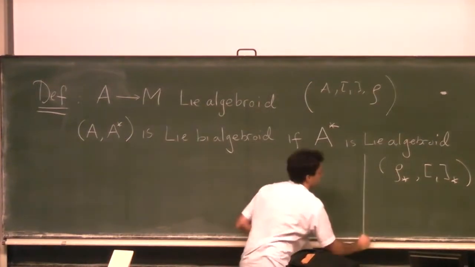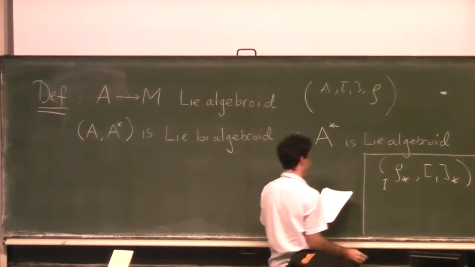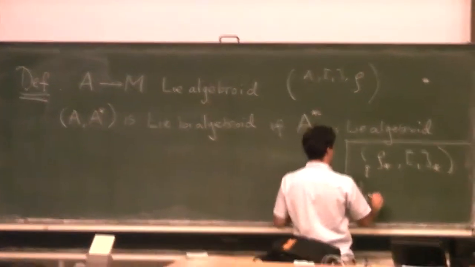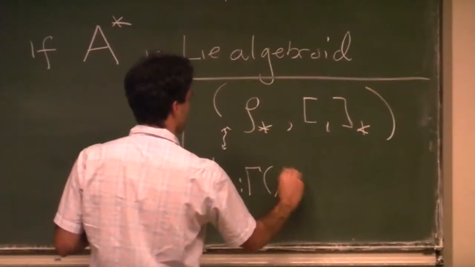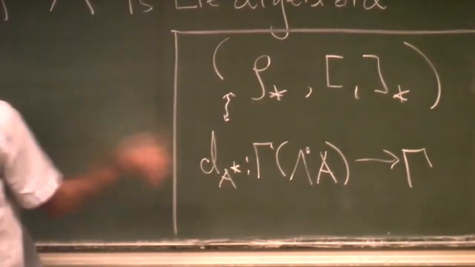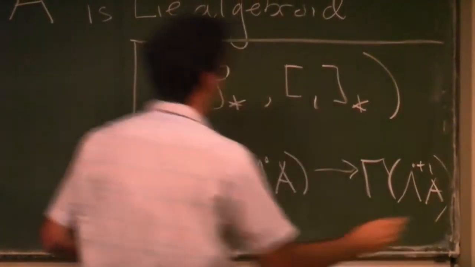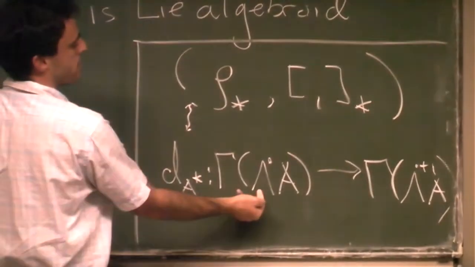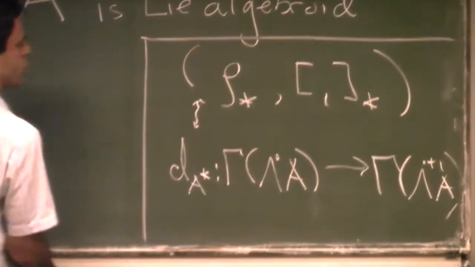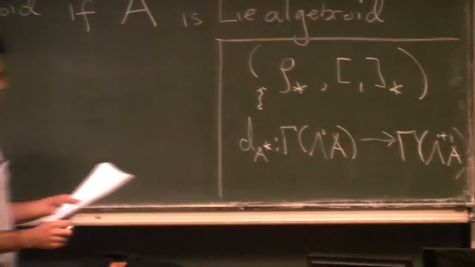This is just some notation, but recall that this can all be encoded in an operator that now acts on the dual of the dual, which is again A. It's an operator that satisfies Leibniz with respect to the wedge product and squares to 0. That's a Jacobi identity, right? So it's the same thing, giving you this or this. I gave you the formulas last time.